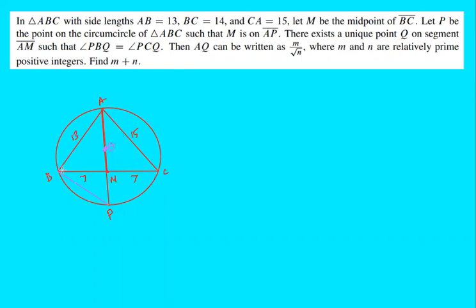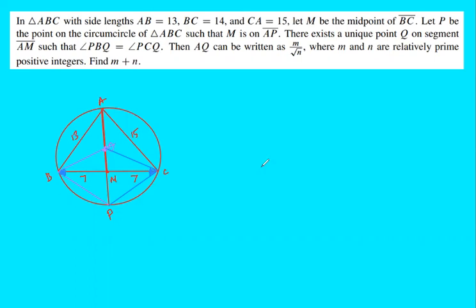And it says the angle right here, maybe I should use a different color. So the angle right here is the same as PCQ. So P right here, C right here, and Q right here. So let's connect those as well. Okay, so the angle right here is the same as this one.